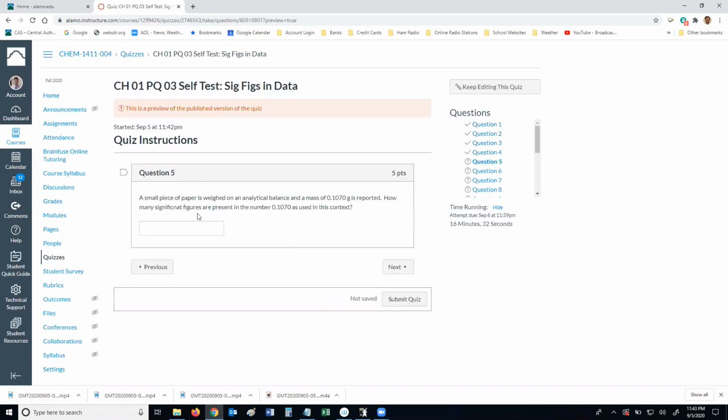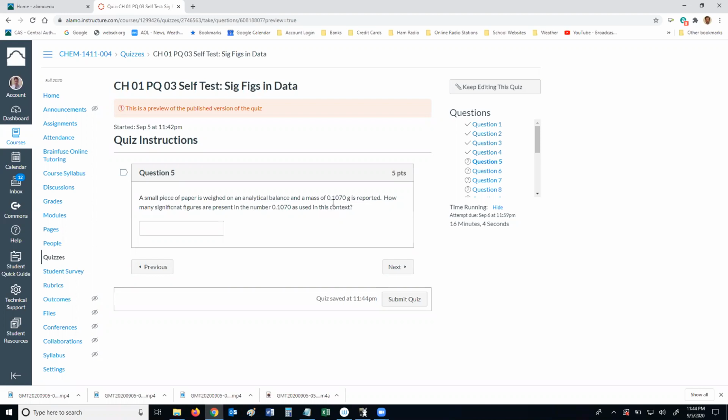Question 5. A small piece of paper is weighed on an analytical balance and a mass of 0.1070 grams is reported. How many significant figures are present in the number 0.1070 as used in this context? Well, of course, leading zeros, or zeros at the beginning of a number, are not significant.